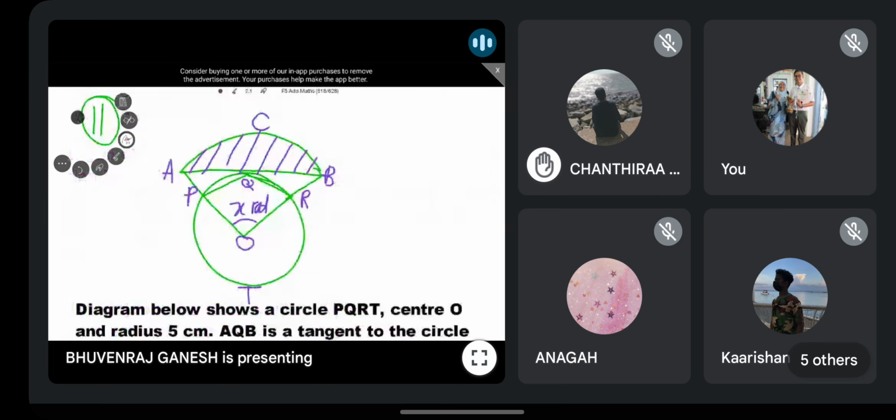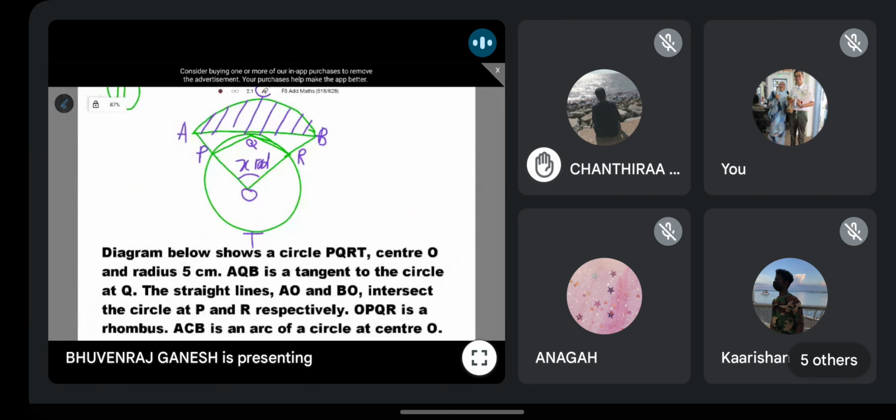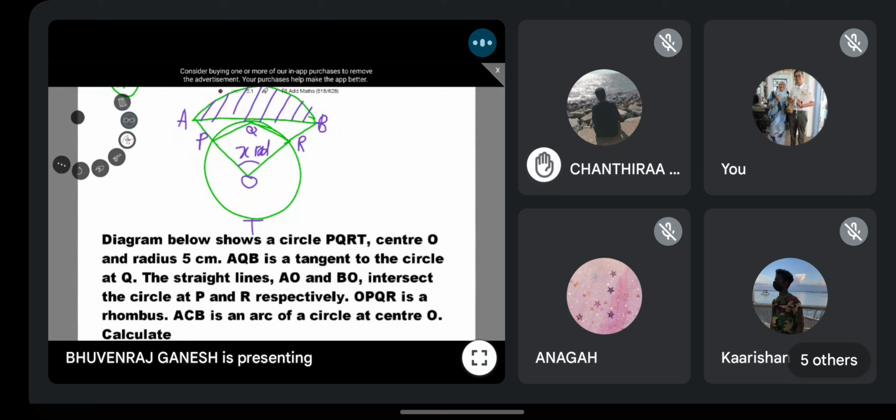Now question 11, which is more challenging. Again, analyze the question. You must read the question carefully. They tell you the circle radius is 5 cm, meaning OR is 5 cm and OP is also 5 cm.